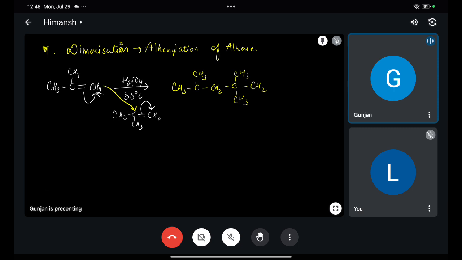That negative will be compensated by H positive, and this positive which is generated over here will be eliminated by this group, or this one. Then any of the beta carbons will participate in that elimination, so it can form two products.